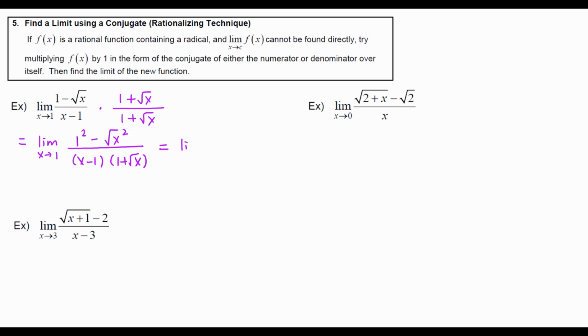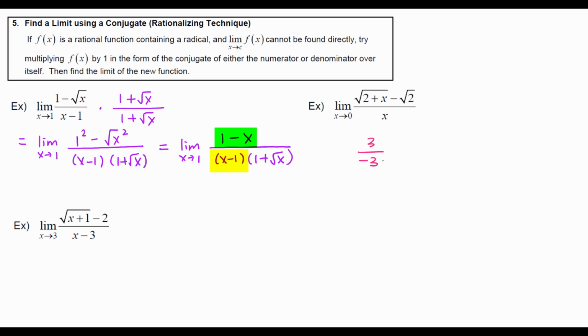And if you simplify the numerator, that is equal to 1 minus x over x minus 1, 1 plus radical x. But what do you know about 1 minus x and x minus 1? Yes, they're opposites. What happened? You have a 3 over negative 3.